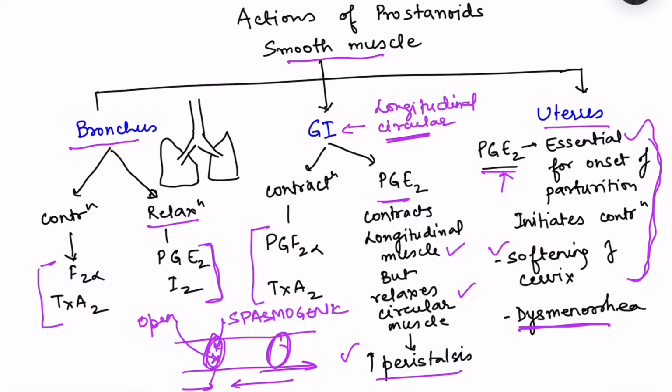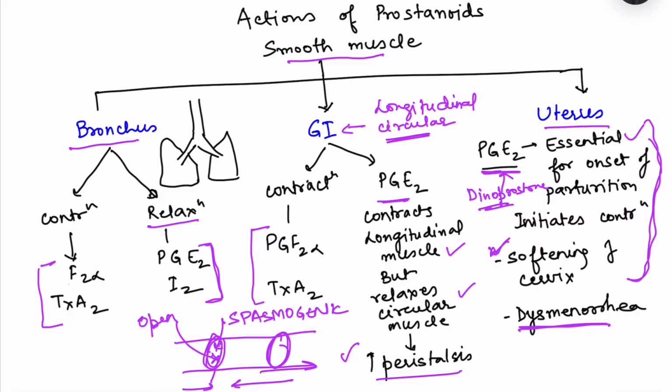Here we saw that prostaglandin E2 is essential for onset of contraction, and it also causes softening of the cervix. So that's what we are talking about here, that dinoprostone, a PGE2 analog, is used for facilitating labor and also induction of labor. Then also it is used for abortion up to 7 weeks.